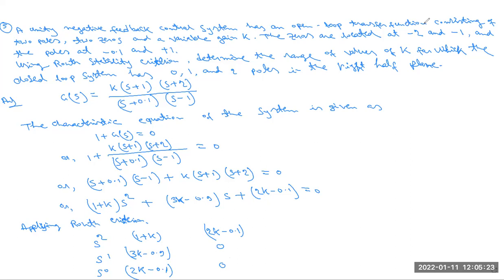Now one by one we have to calculate. First, condition 1: no poles in the right half of the s plane, which means the system is stable.